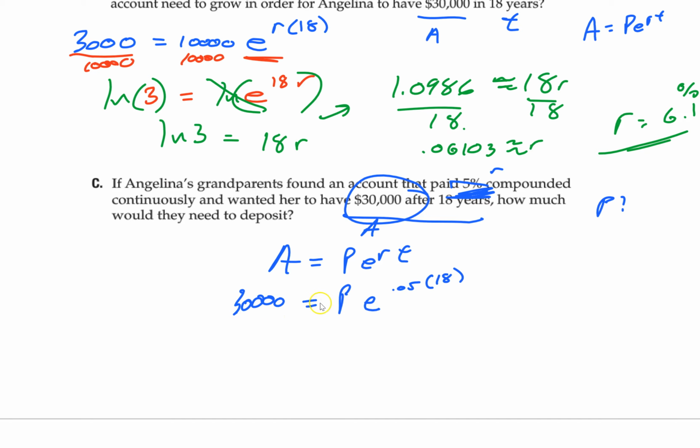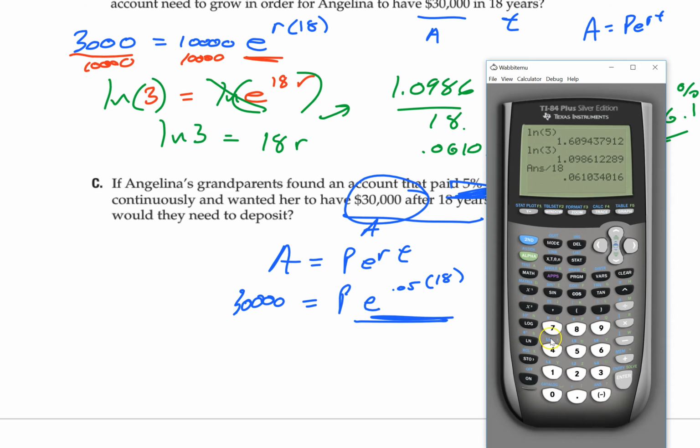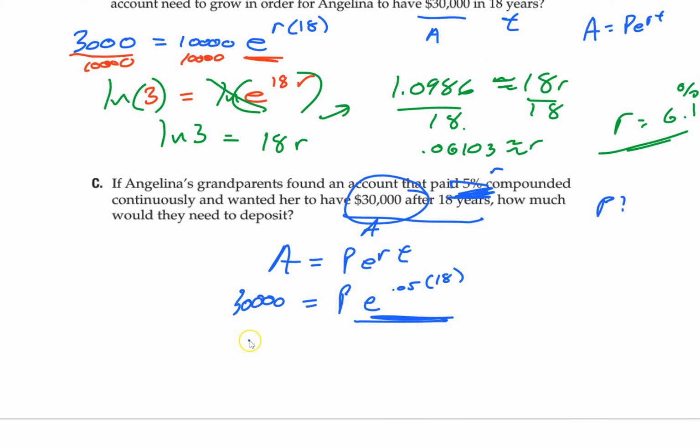Now, this was another easy one. I can plug this all into my calculator. So you get your handy dandy calculator out. You go, okay, what is e to the 0.05 times 18? That alone is going to be roughly 2.46. So I've got 30,000 equals P times 2.46.